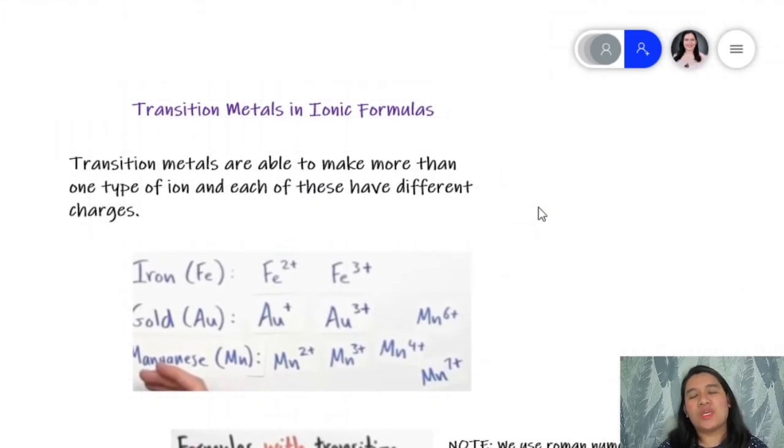Ionic formulas. We can also write and name ionic formulas using the transition metals. So take note, when we say transition metals, these are the metals that can be found at the middle of the periodic table. Transition metals are able to make more than one type of ion, and each of these has different charges.